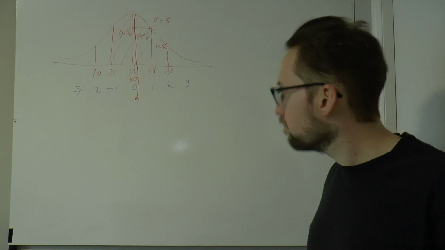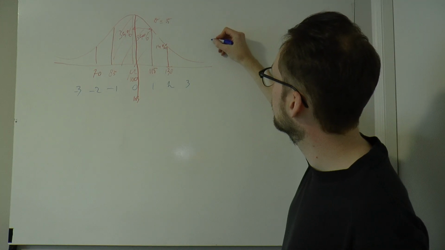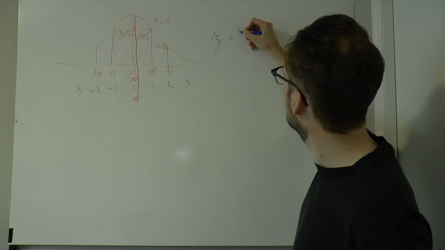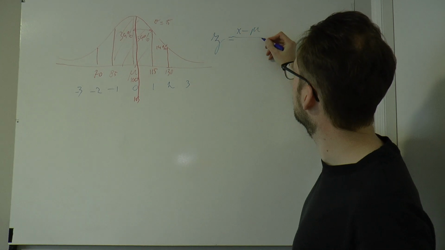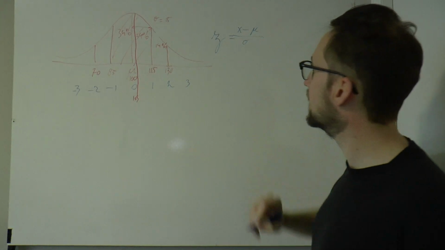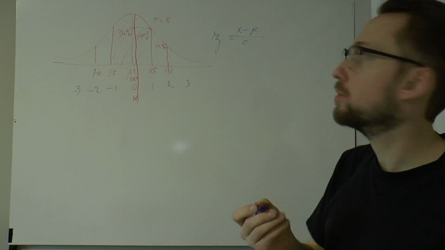Now let's do this. Let's just do the math here. So a z-score is computed as x minus mu, divided by sigma. Okay, well, let's make a grocery list.